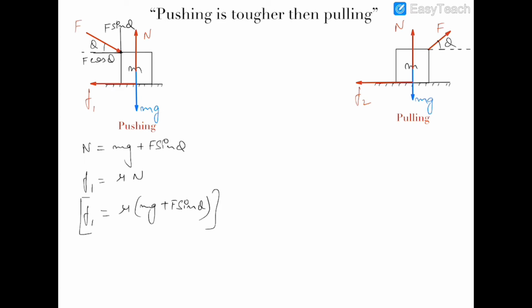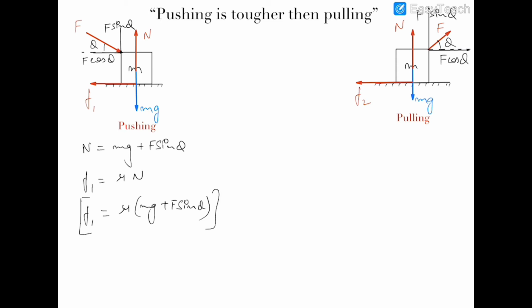But in the case of pulling, this is a pulling force which is acting in a direction at an angle of theta with the horizontal. If I resolve this force into two components, this component will be F sine theta, and this component will be F cos theta.